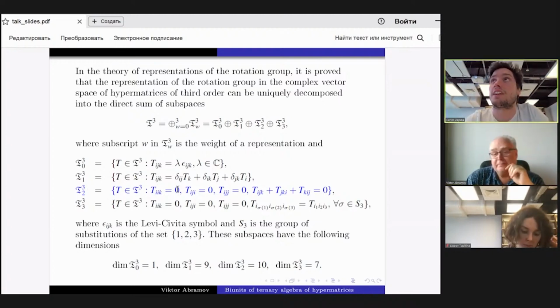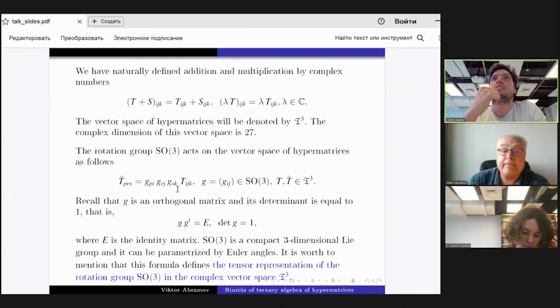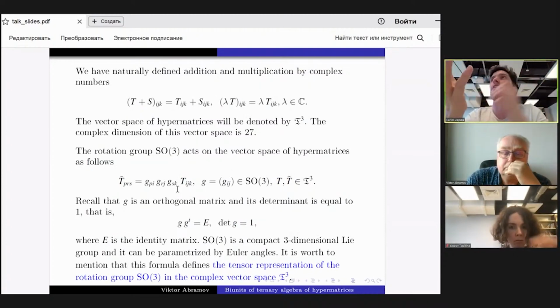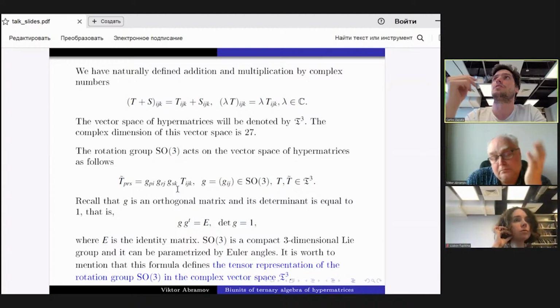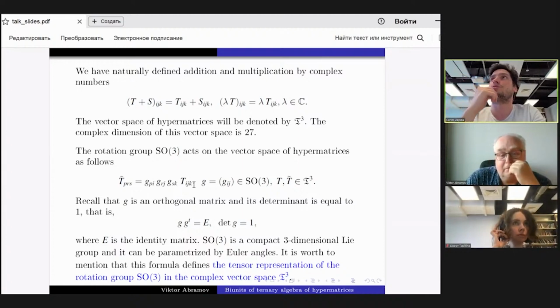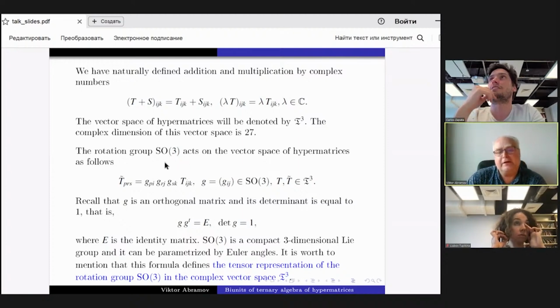And can I ask a question? Yeah, please. Can you go back to the previous slide for a moment? So why? I guess that you can also have an SO3 cross SO3 cross SO3 action, right? On tensors. You could have it, right? Oh, yes, you mean SO3 times SO3 times SO3.